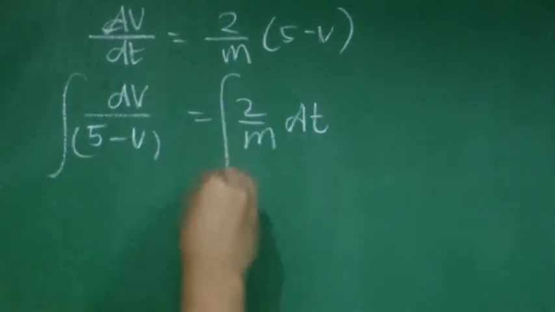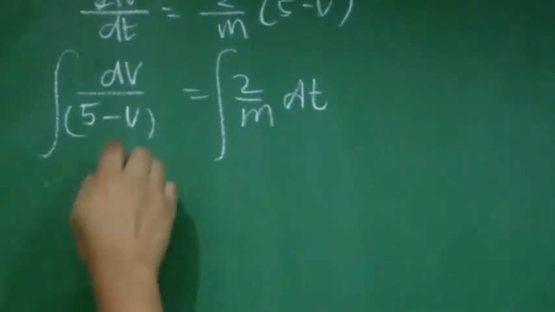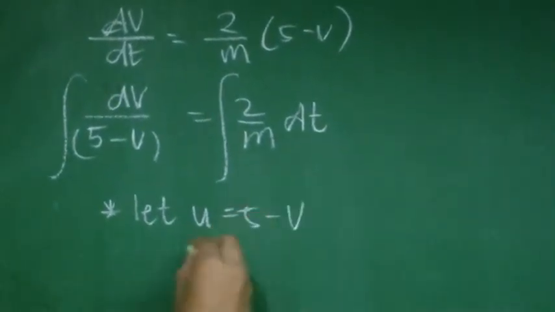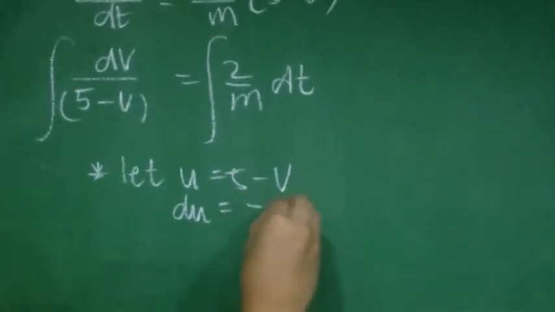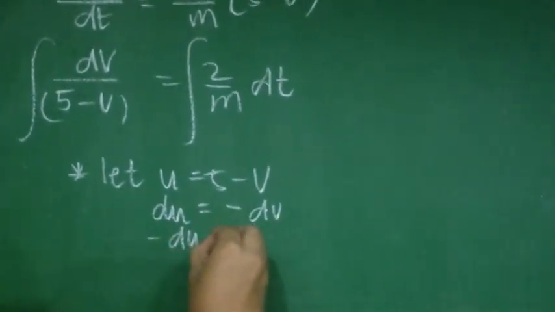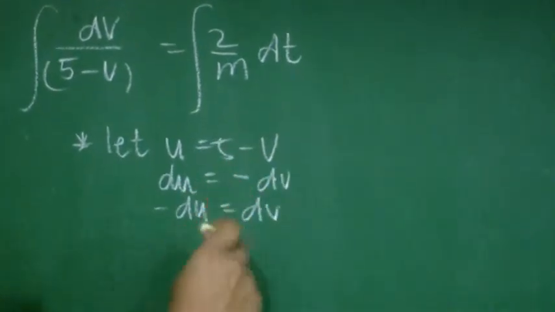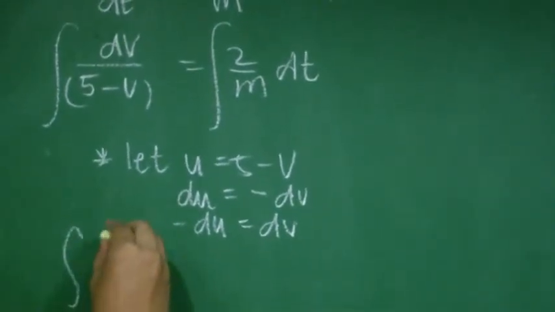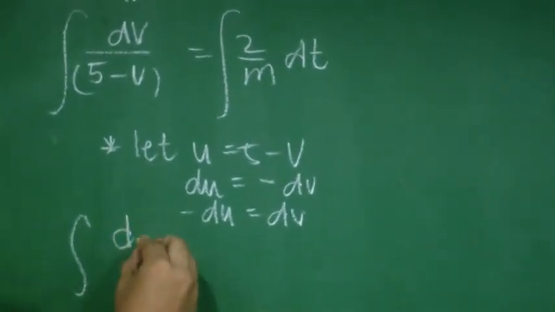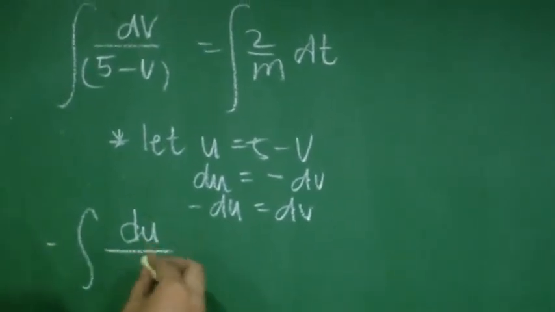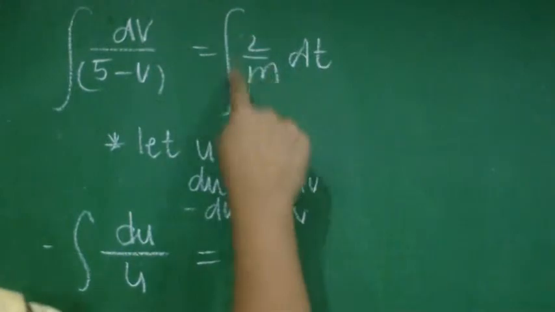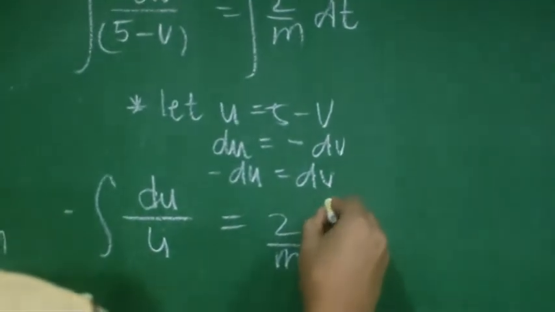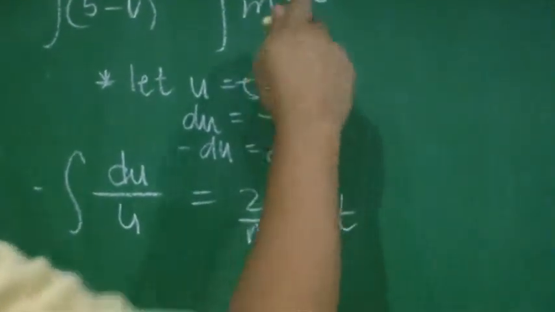And integrating both sides, first, we let this side of the equation, we let the denominator 5 minus v equals u. And du is equals to minus dv, where negative du is equals to dv. So, this is just the integral of du over u, and 2 over m is a constant, so we extract it out from the integral, and what's left is dt.